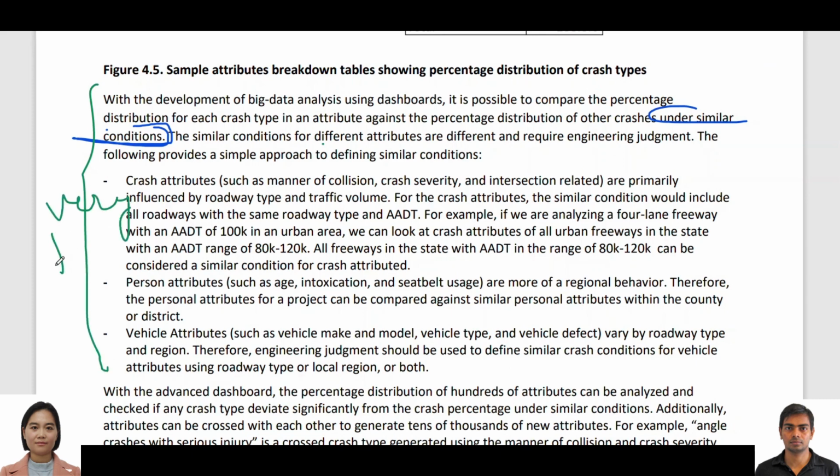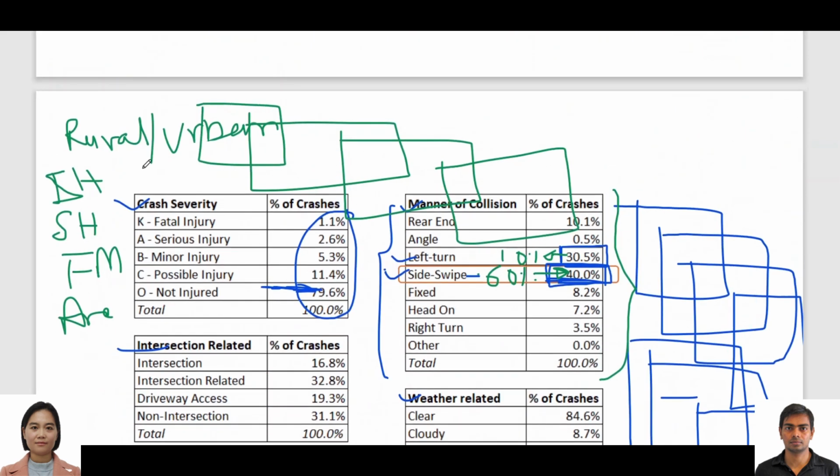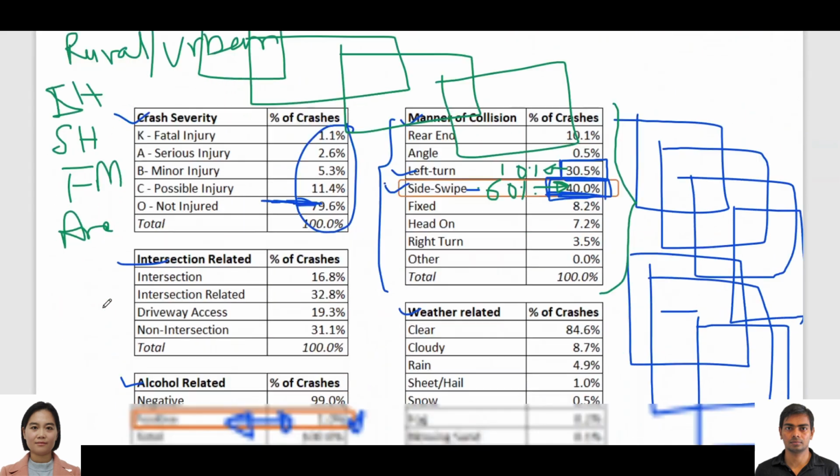For crash attributes such as manner of collision, crash severity, intersection related crashes, pretty much all the crash attributes are primarily influenced by roadway type and traffic volume. For crash attributes, similar condition would include all roadways with the same roadway type, which is the functional class: interstate, state highway, farm to market road, arterial.